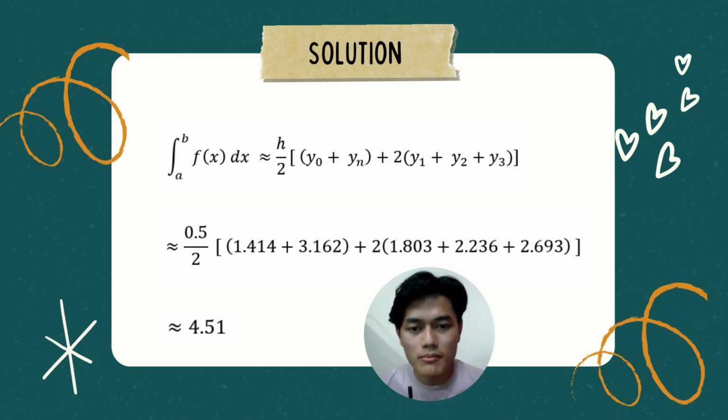We put the values from the table into this formula and get 0.5 over 2 multiplied by (1.414 plus 3.162 plus 2 multiplied by (1.803 plus 2.236 plus 2.693)). So the answer is approximately 4.51.